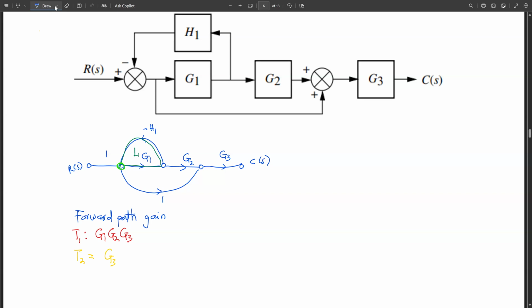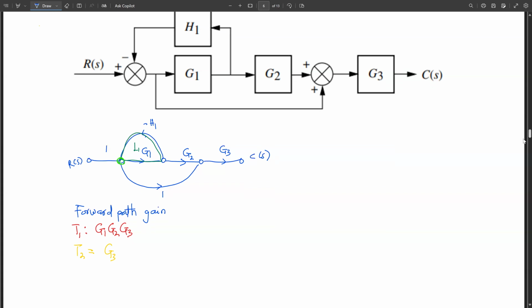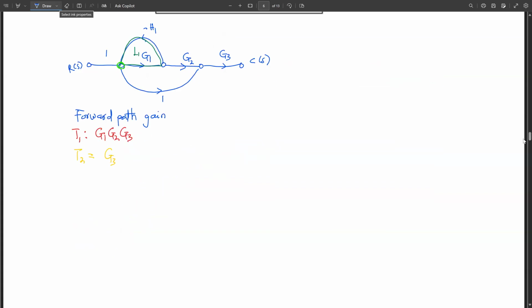The loop gain is simply L1, which is minus G1 H1.